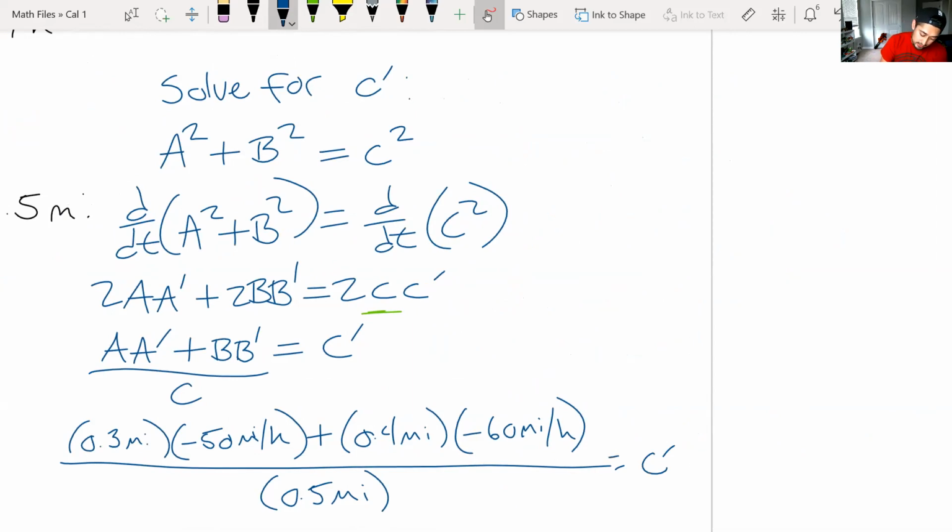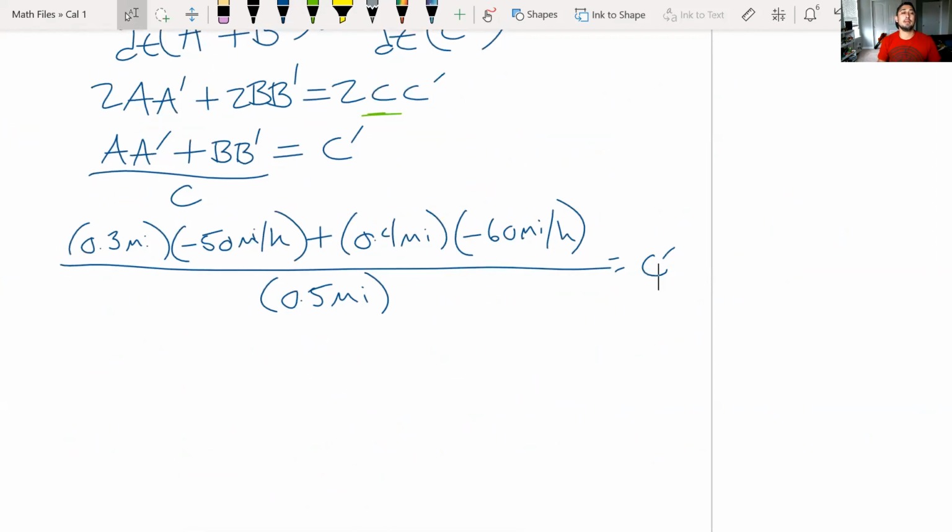Plug it in your calculator, type away, and let's see what we get. 0.3 times negative 50 plus 0.4 times negative 60, all over 0.5. We get negative 78 miles per hour.